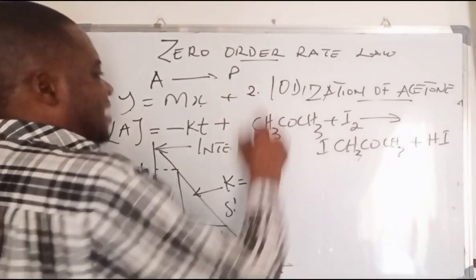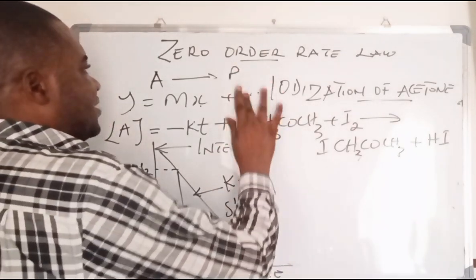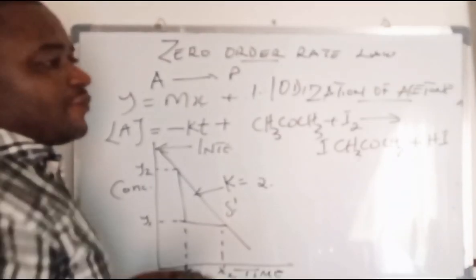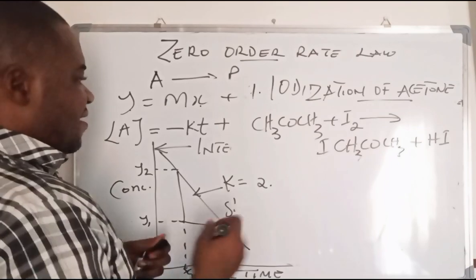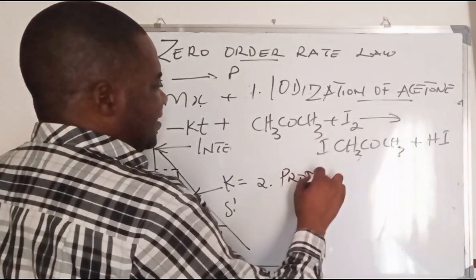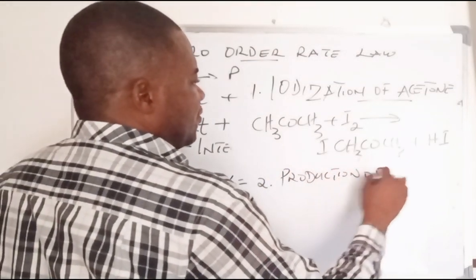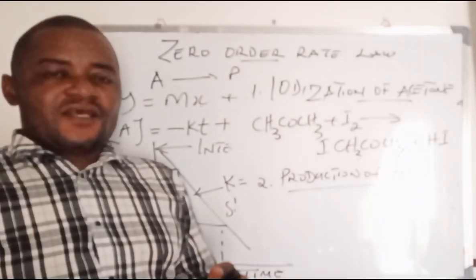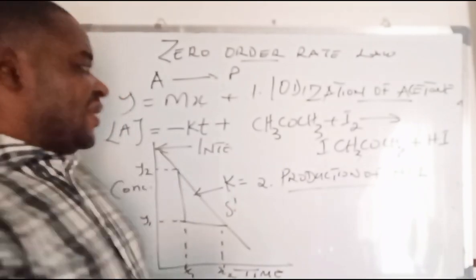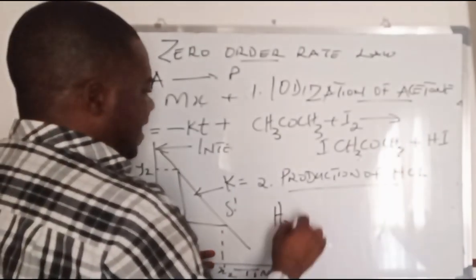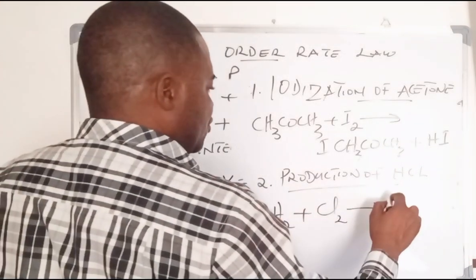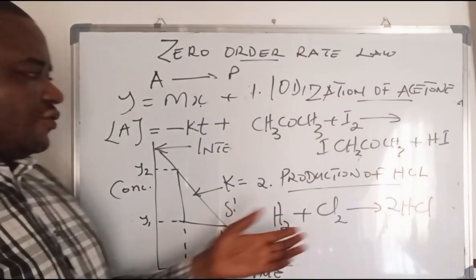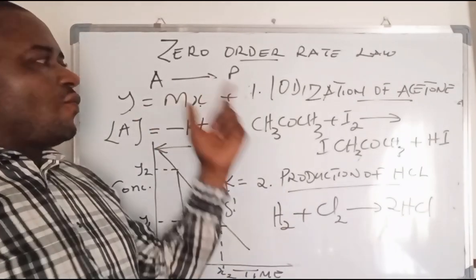Another reaction that obeys the zero order is the production of HCl. It's another type of reaction that obeys the zeroth order reaction. And this is, for example, hydrogen plus chlorine to give you 2 hydrogen chloride. This kind of reaction also obeys the zero order rate law.